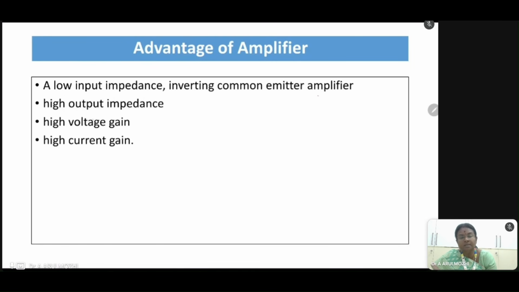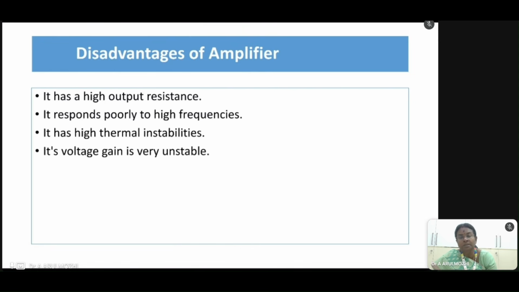Next are the disadvantages. It has a high output resistance, it responds poorly to very high frequencies, it has high thermal instability, and its voltage gain is very unstable.